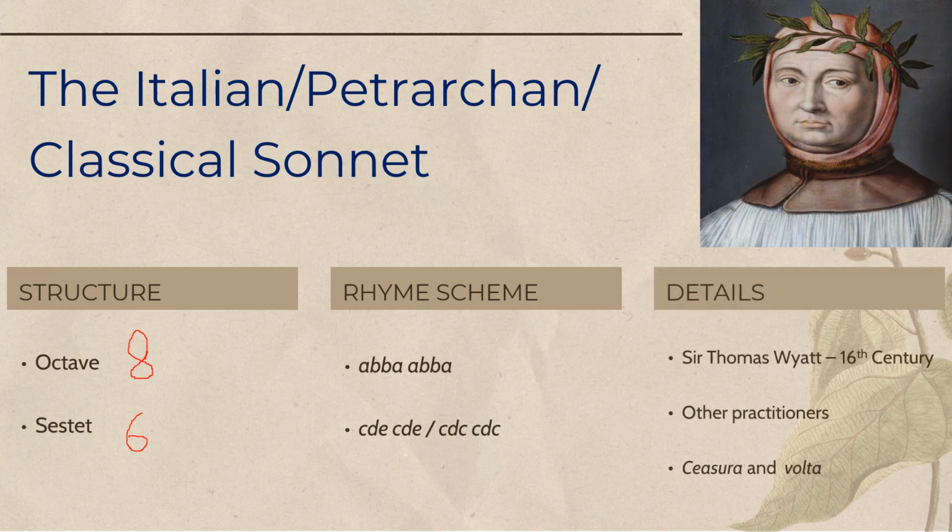Let's look at the other features of the Italian or Petrarchan form. This was introduced to English literature by Sir Thomas Wyatt in the 16th century. It was introduced to literature as such by Petrarch, who was a 14th century poet, and to English literature by Sir Thomas Wyatt.